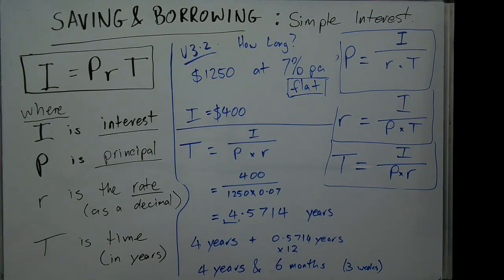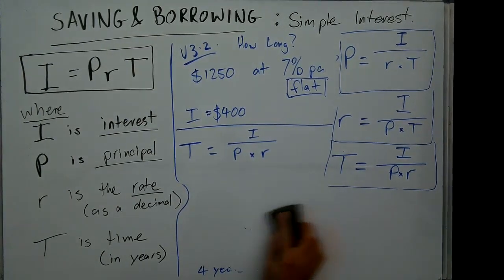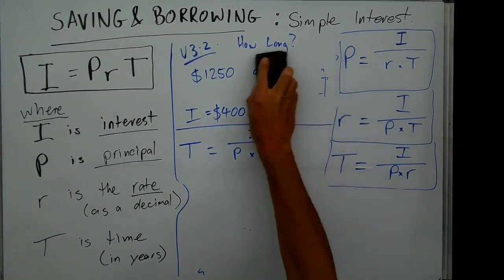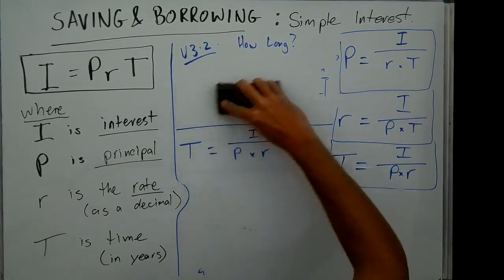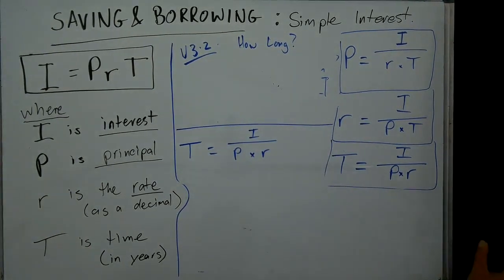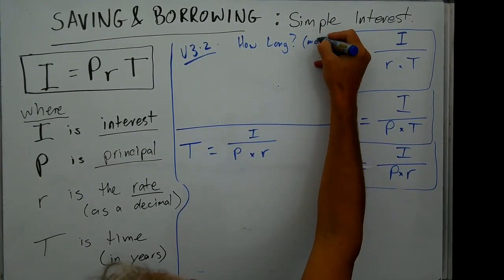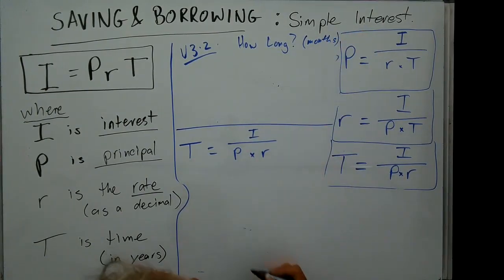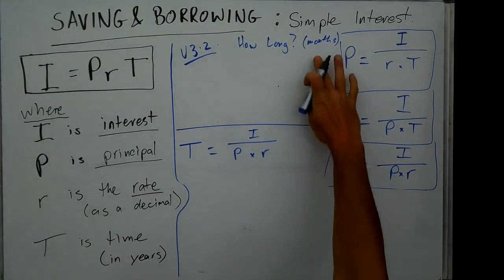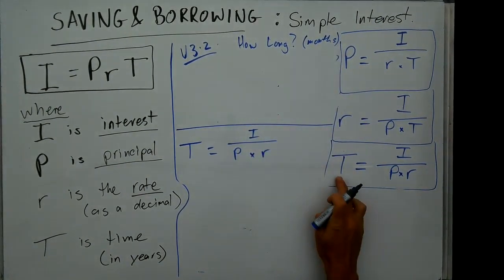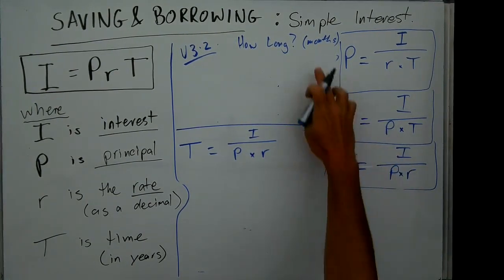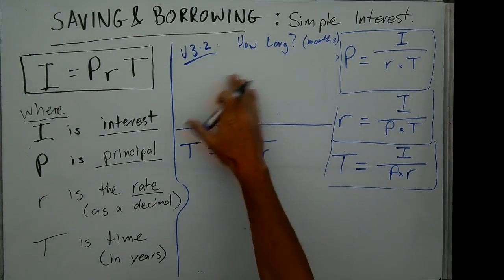Okay, so I've got another example where we're going to work out the time. Let's just leave that bit behind. For how long in months? So once we get a time in years, we'll just multiply it by 12 and it will tell us how many months.